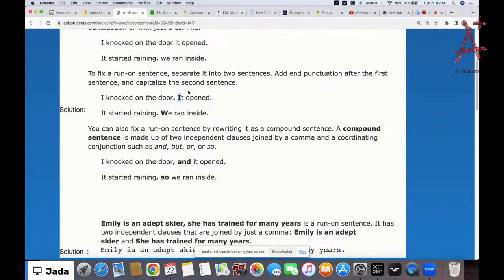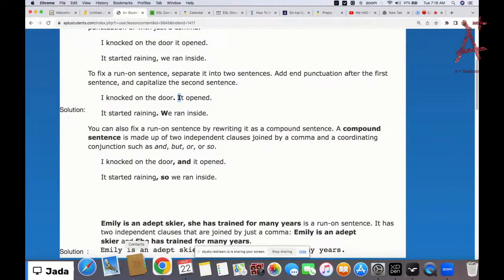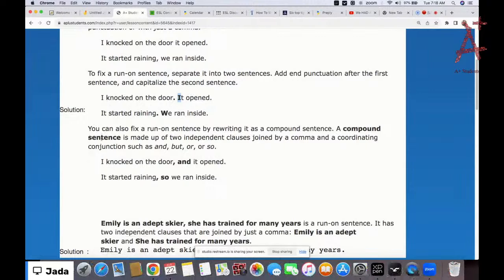Now, note that you can also fix a run-on sentence by rewriting it as a compound sentence. And what do we say about compound sentences?